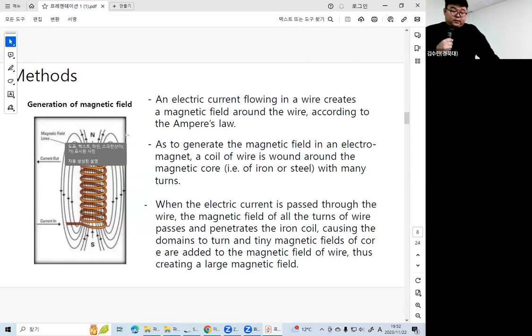To generate a magnetic field in an electromagnet, a coil of wire is wound around a magnetic core with many turns. When the electric current is passed through the wire, the magnetic field of the turns of wire penetrates the iron core, causing the domains to turn, and the tiny magnetic fields of the core are added to the magnetic field of the wire, thus creating a large magnetic field.